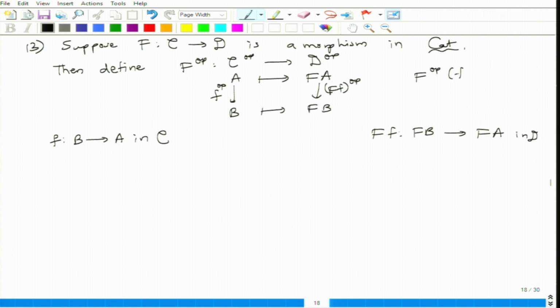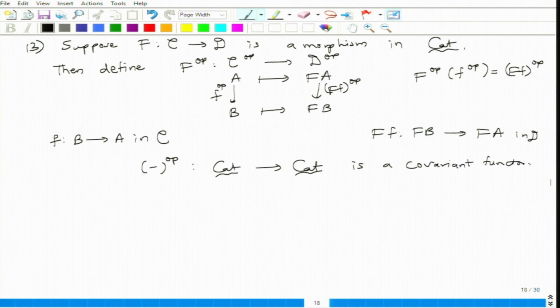Capital F op of small f op is equal to Ff op. But you can see after doing so many ops, ultimately this functor itself is covariant. So therefore, what I am saying is that op from Cat to Cat is a covariant functor, despite doing so many ops.